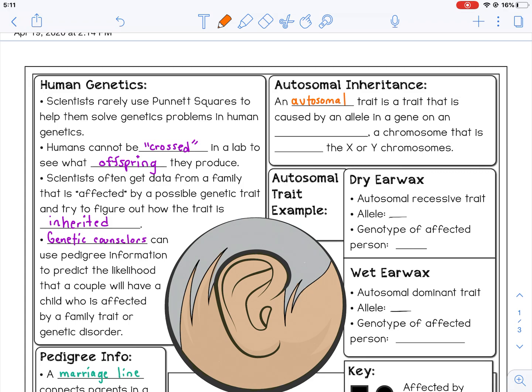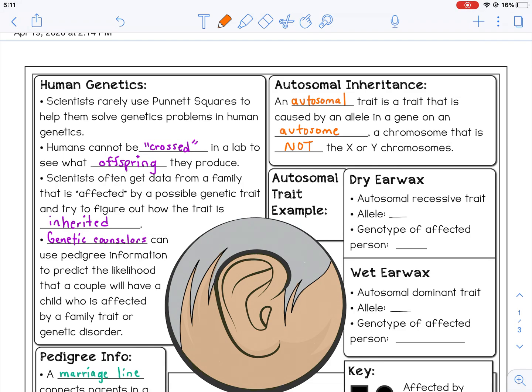So an autosomal trait is a trait that is caused by an allele in a gene on an autosome, which is really just any chromosome that is not the X or the Y chromosome.